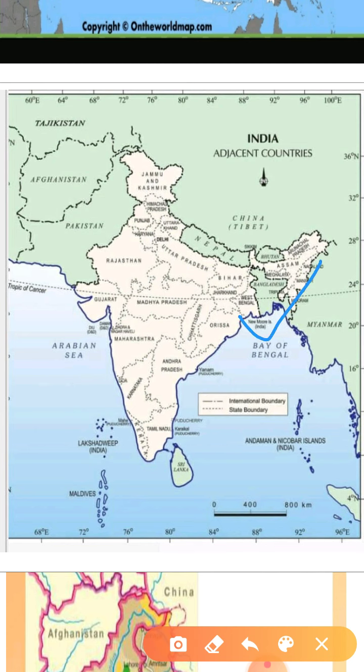Bangladesh shares the maximum land boundary with India, and the minimum land boundary is shared by Afghanistan. As you can see, Afghanistan shares only a small boundary.